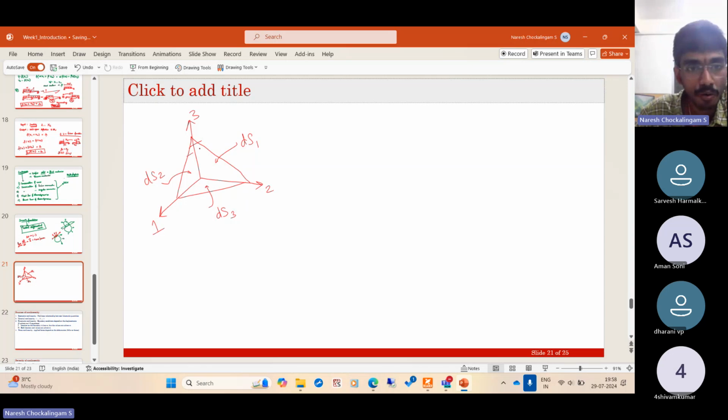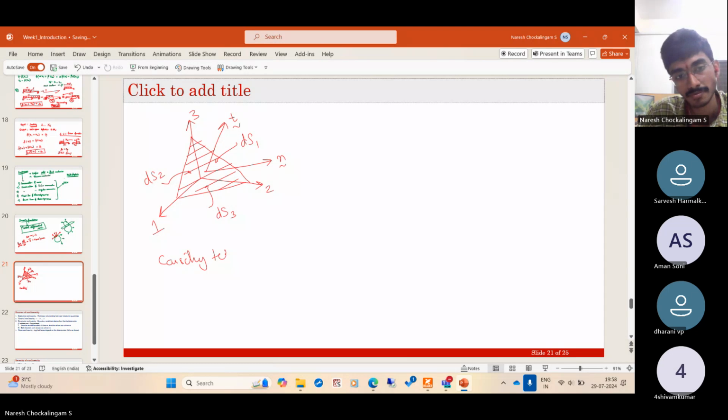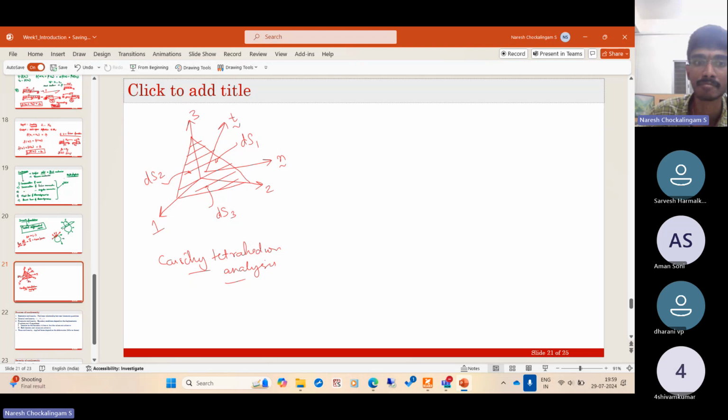And there is a face over here. So this is a tetrahedron in 3D, and on this face I have a traction t. It's a vector, and the normal to this face is like this. This is called the Cauchy tetrahedron analysis.